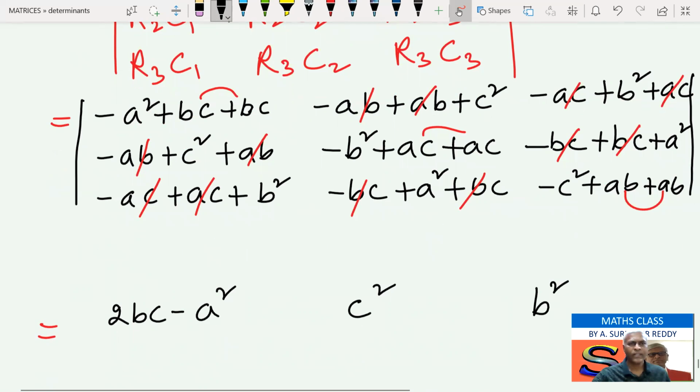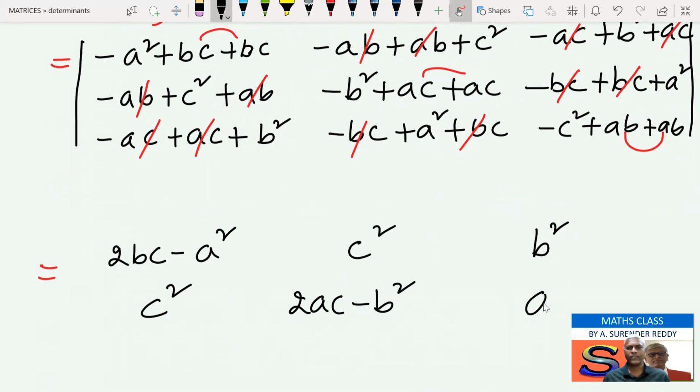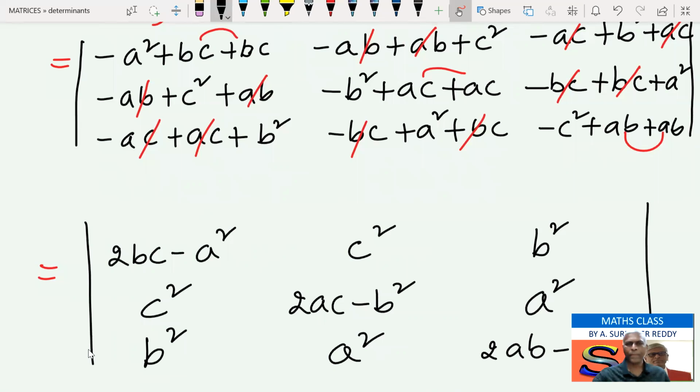What do you get? In the second row, C square, 2AC minus B square, and A square. The third row is B square, A square, 2AB minus C square. This is the required answer.